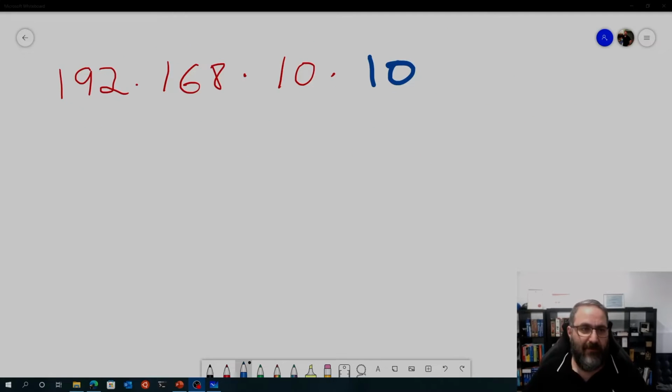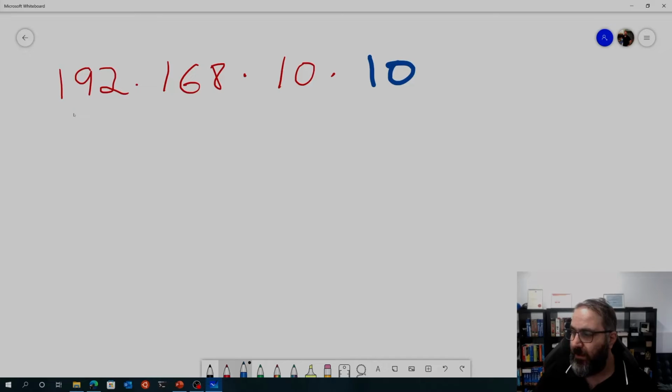So let's have a look at the basic structure of an IP address, as we promised earlier. I've color-coded this for a particular reason. The first reason is I want to show you a normal, everyday IP address, just a usual, conventional IP address that you might be using at home, like in your home router.